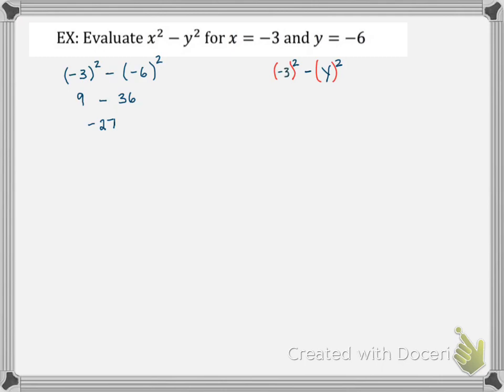That way, if there are random negative signs in the original expression, you're not affecting what operations are in the original expression when you put that number in. Make sense?